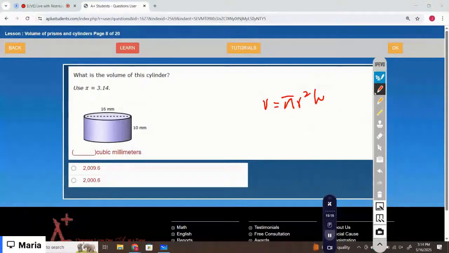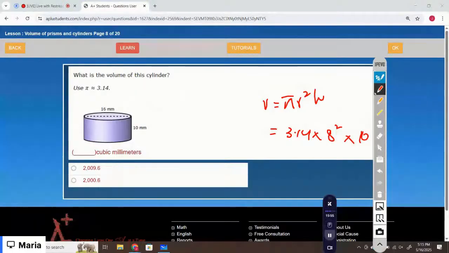So that is 3.14 times r squared, because diameter is 16, so the radius is 8.